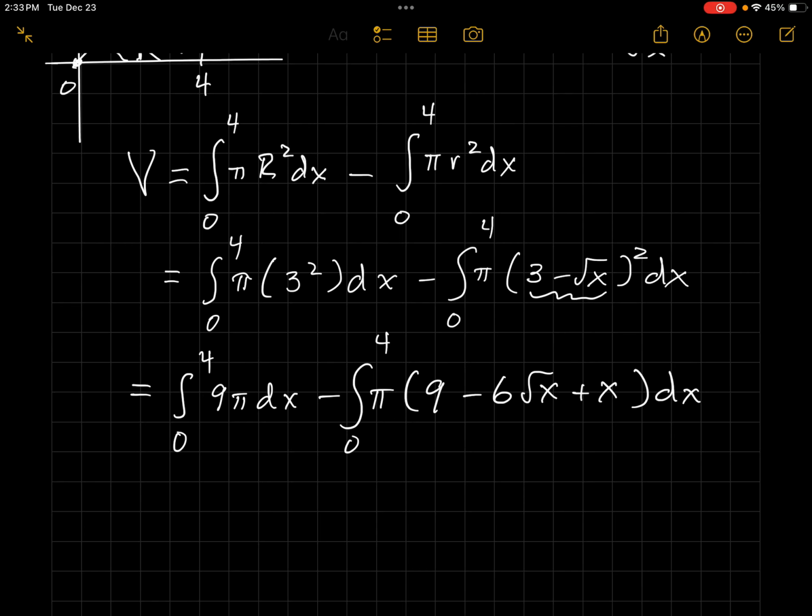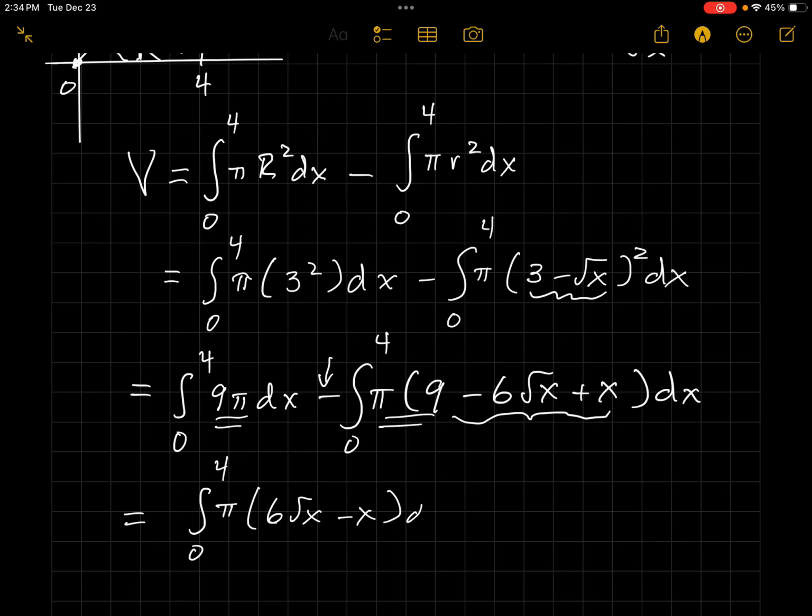And I do see that the 9 pi up here and the 9 pi back here will cancel, so I won't integrate those. I will simply integrate this back part. Try not to forget the negative sign right there. So actually, let me rewrite this one as such.